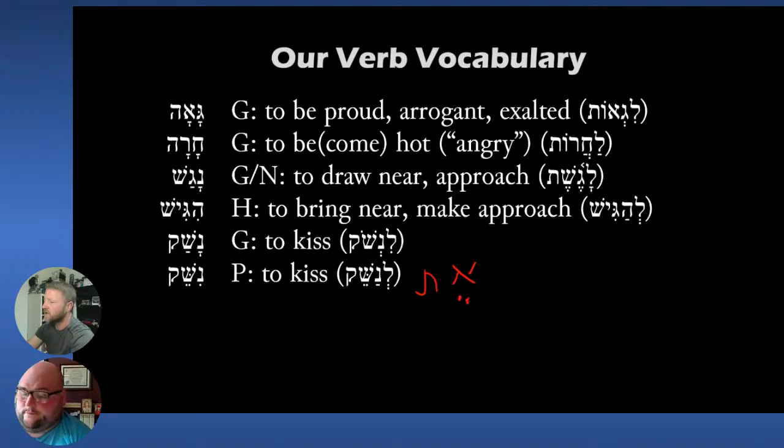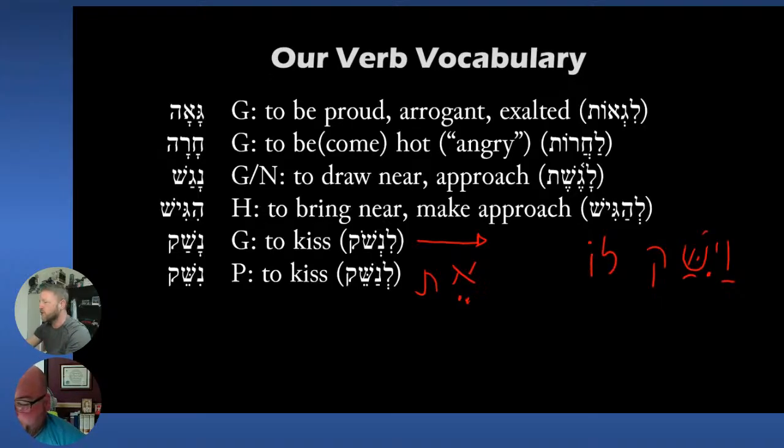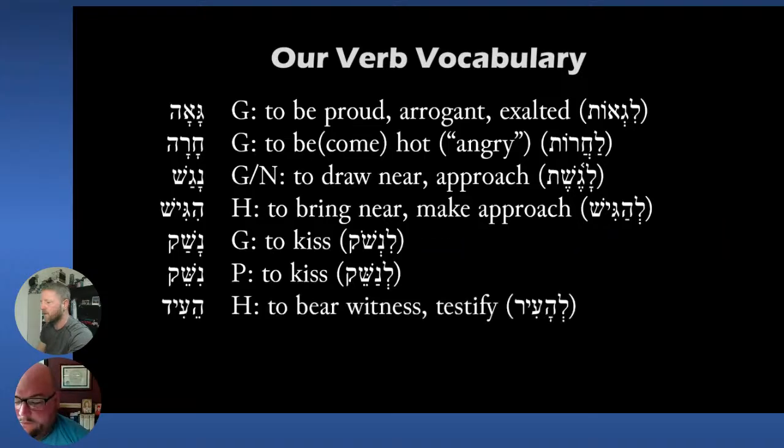But it does appear in the kal, especially in the expression vayishak lo, he kissed him, or vayishak la. Vayishak in the kal. Normally it's a piel verb. Also, you can use it in the hitpael, the hitnashek, to kiss each other.